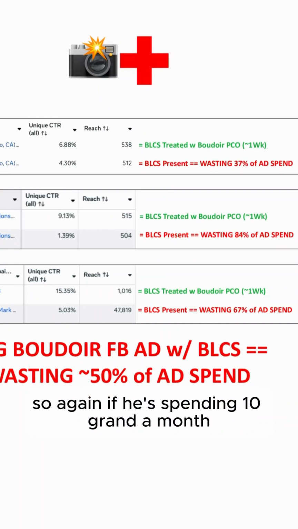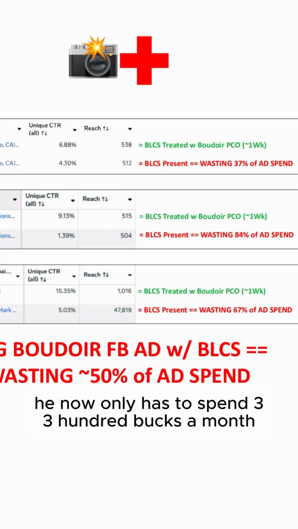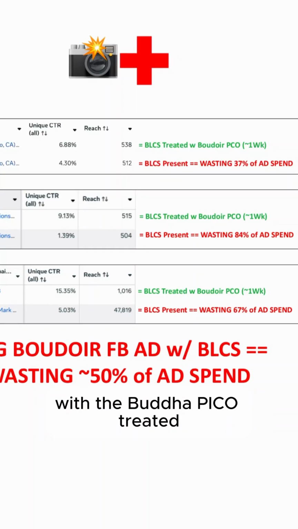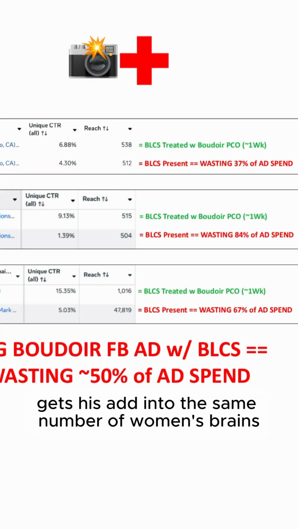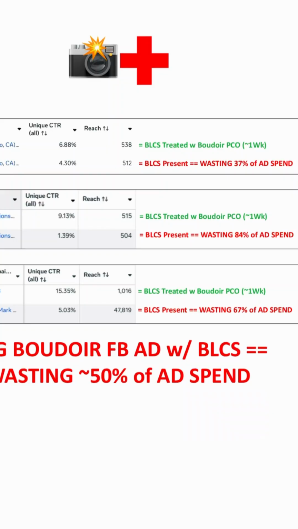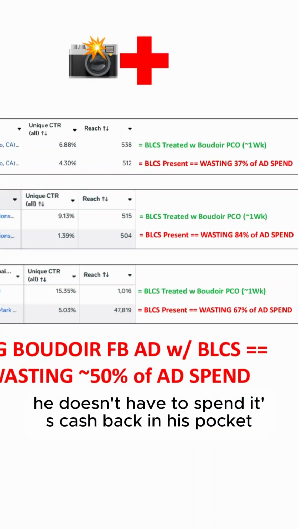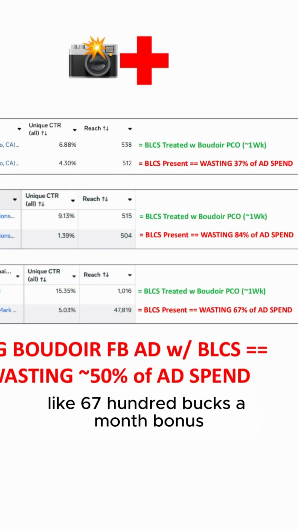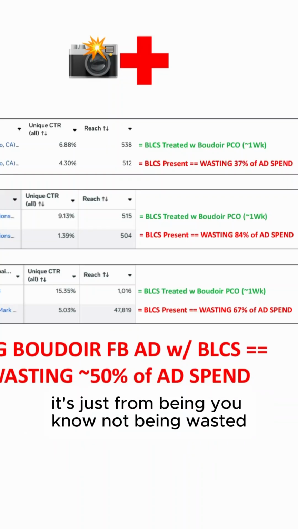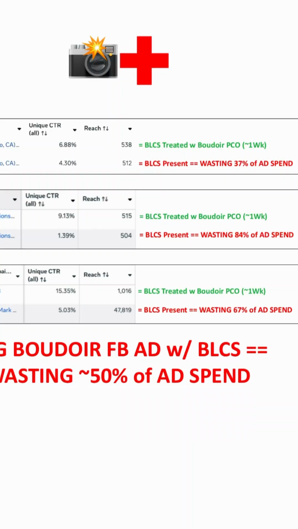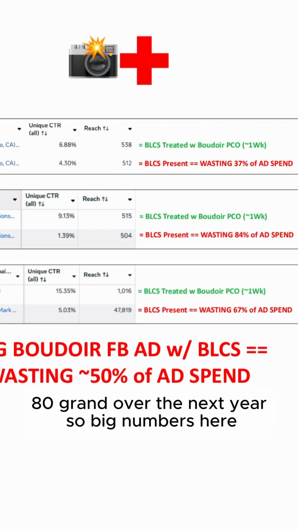So if he's spending 10 grand a month on Boudoir Facebook ads with the original, he now only has to spend 3,300 bucks a month with the Boudoir Pico treated ad, and he gets his ad into the same number of women's brains. So it's 6,700 bucks a month he doesn't have to spend. It's cash back in his pocket, like 6,700 bucks a month bonus. Doesn't have to service any clients. It's just from not being wasted. And that's like what, 80 grand over the next 12 months, 80 grand over the next year.